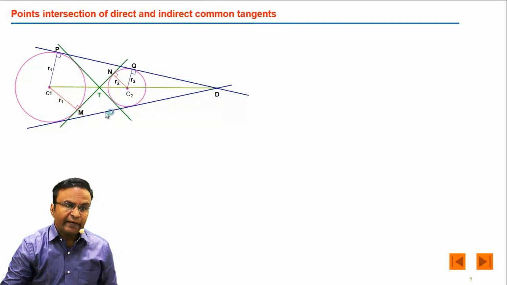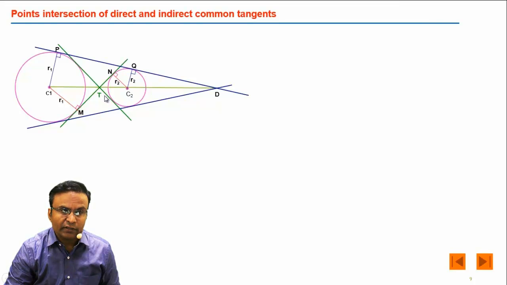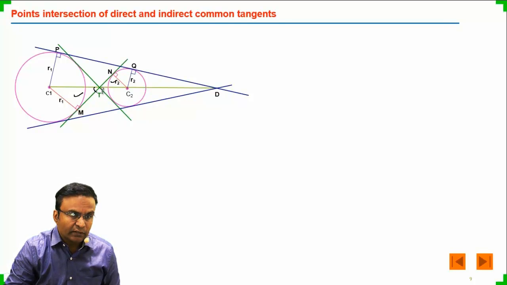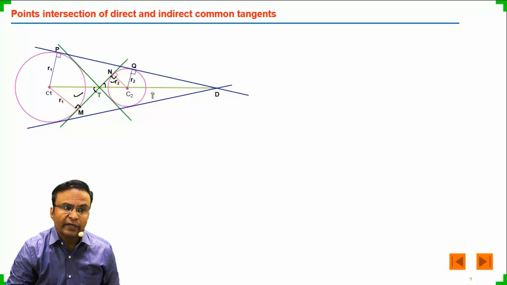To find point T, we now focus on these two triangles, triangles TC2N and C1MT. Can we say these two triangles are similar? We can, because these two angles are the same and this angle is 90 degrees in both triangles. So these two triangles are similar.